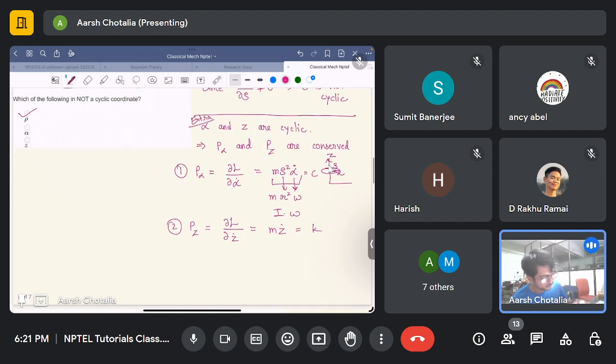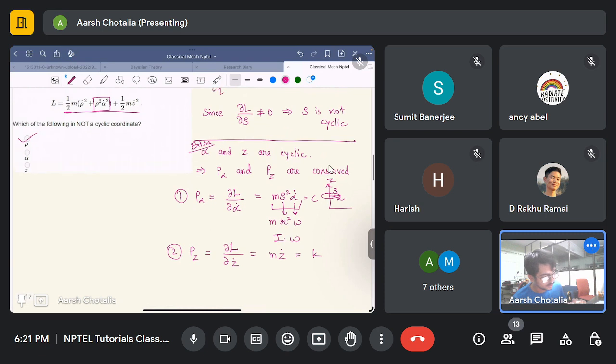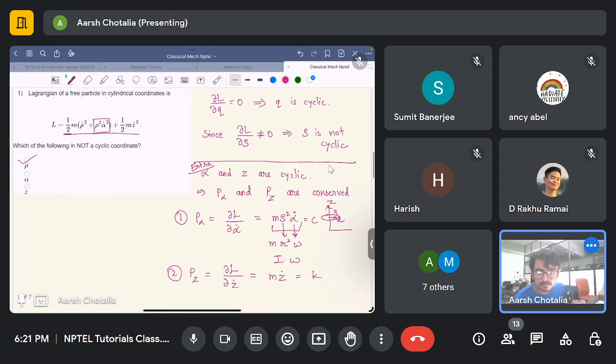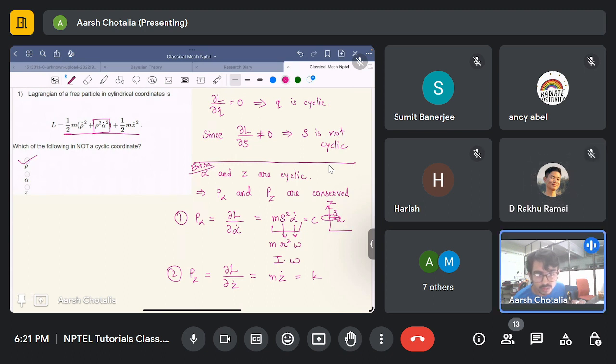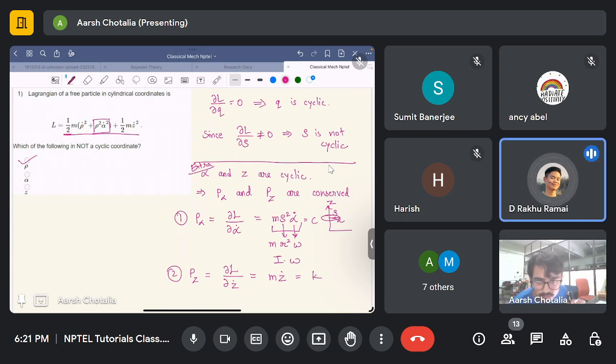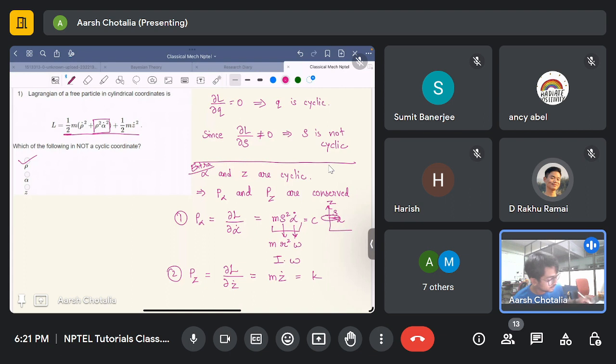Okay, let's go to the second question. Is this clear to everyone? You said it's angular momentum along z. Wouldn't that be linear momentum? The second would be p_z, right?